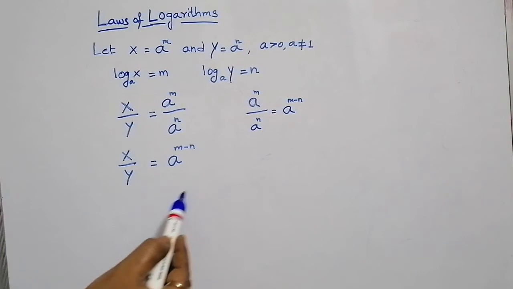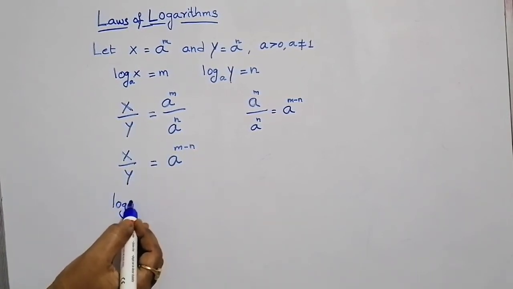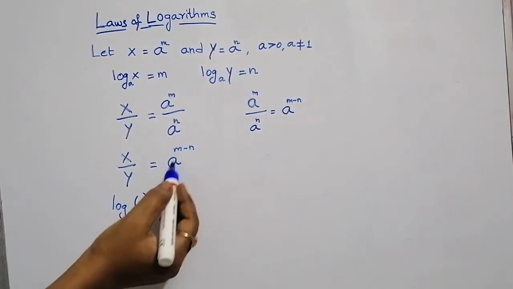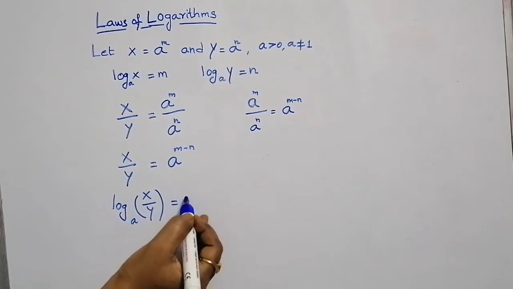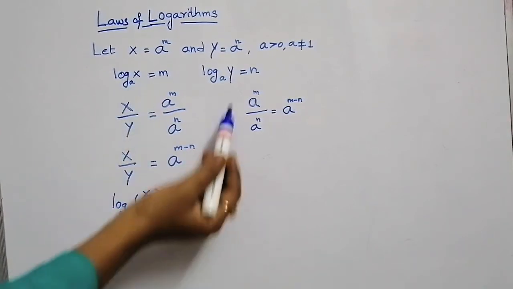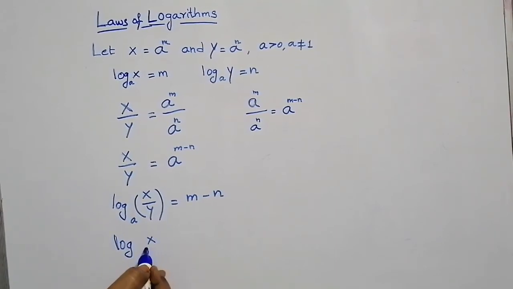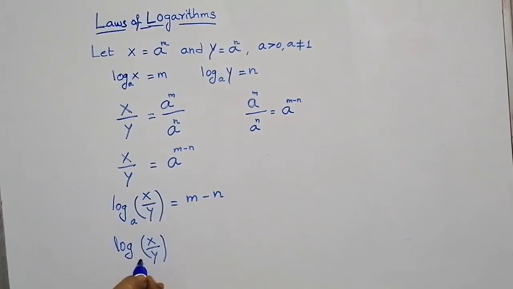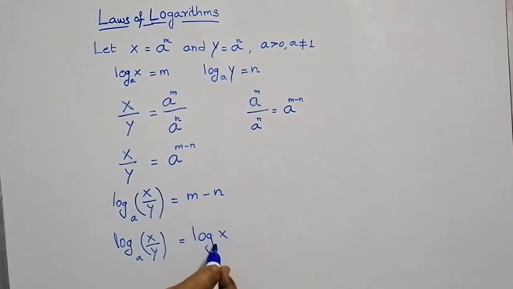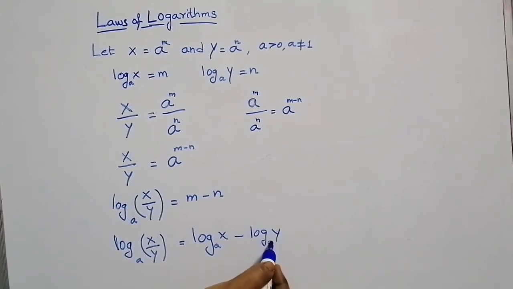Now this is in exponential form. Now convert this into log form. Log of x by y to the base, what is the base here? a is the base here, is equal to m minus n. We know m here and we know n here. Just substitute. So we will get log of x by y to the base a is equal to log x to the base a minus log y to the base a.